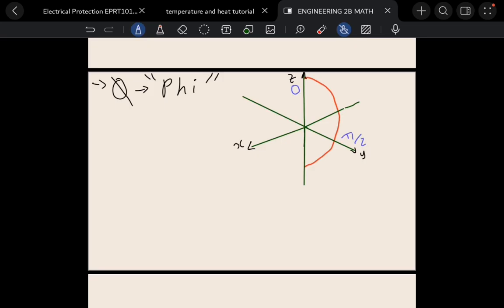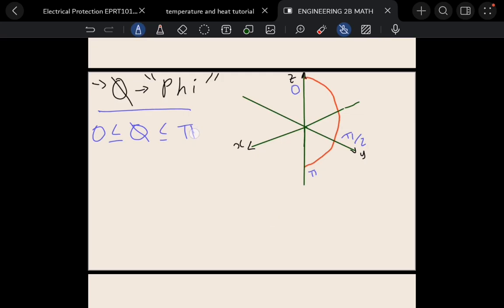And your lower or the negative Z-axis is actually going to be pi. Your phi value is always going to be 0 to pi.